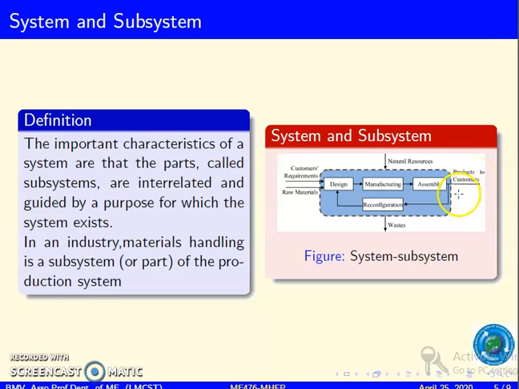So if we consider this as a production system, everywhere the material handling is taking place, and the material handling itself can be considered as a subsystem of this production system.